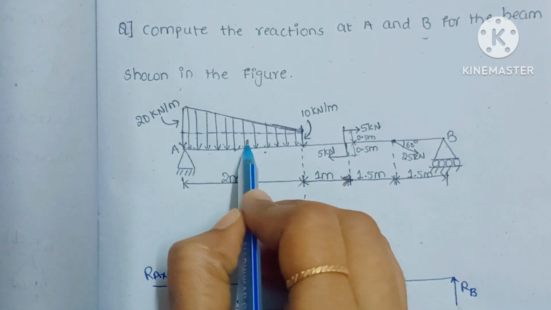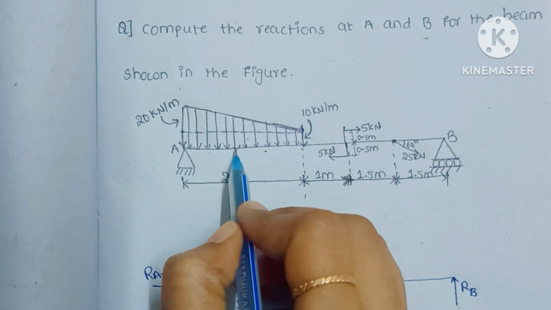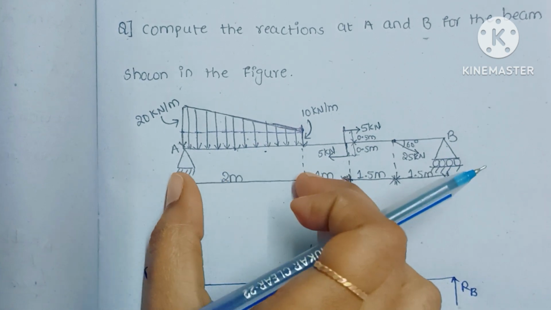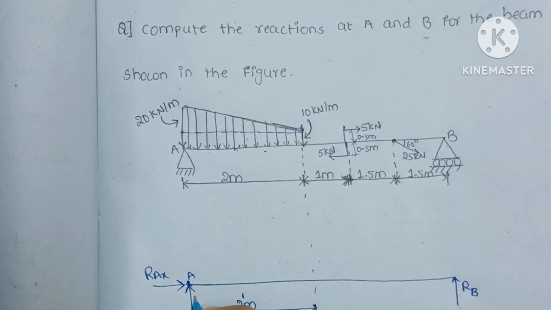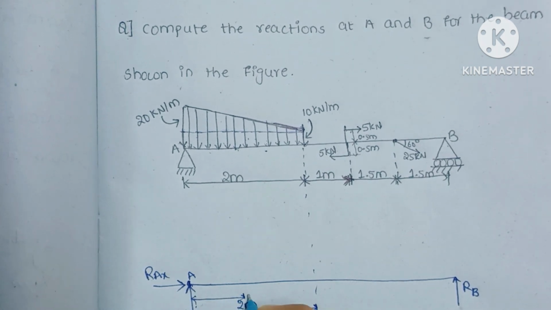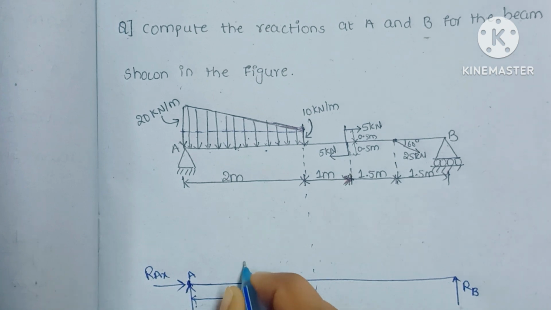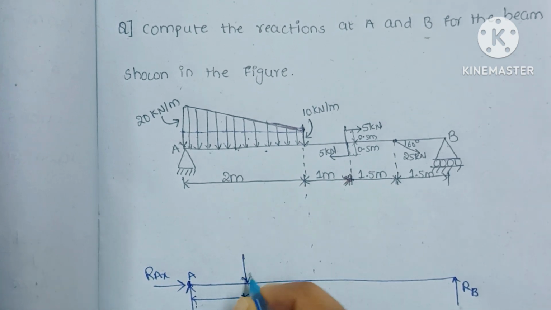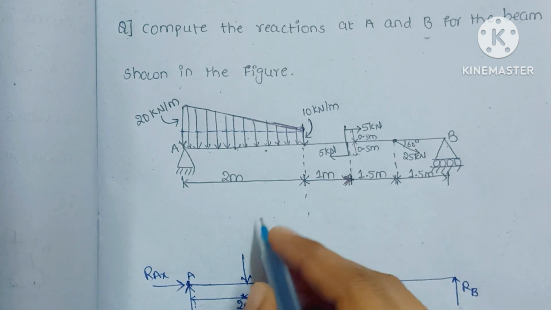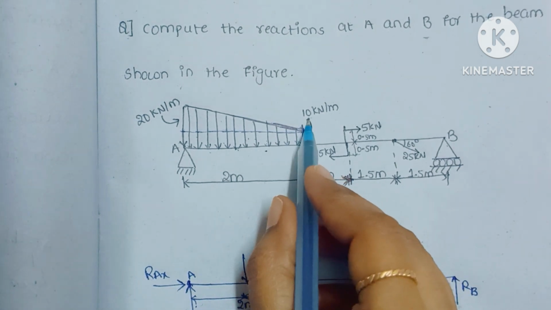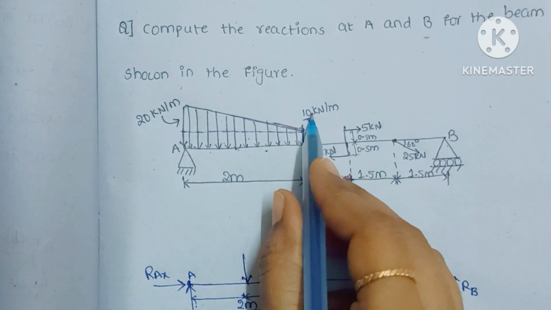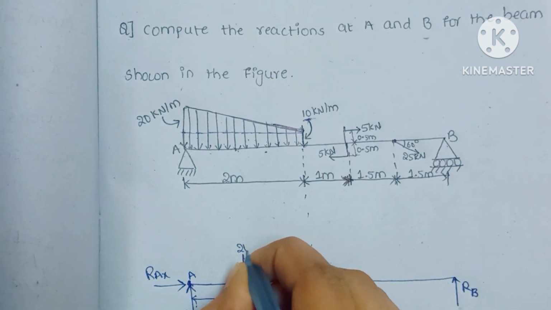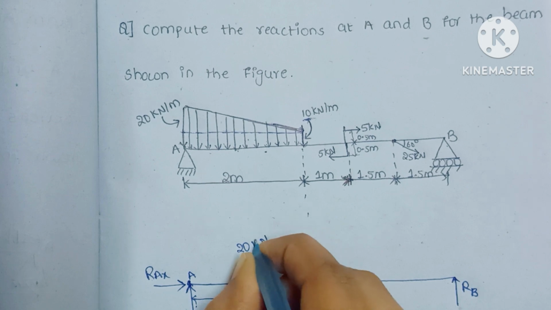For the uniformly distributed load, the load will act at the center of this length. So for 2 meter, the center is at 1 meter. At 1 meter the load will act, which is equal to this height times this length. So 10 into 2, 20 kilonewtons of load is acting.